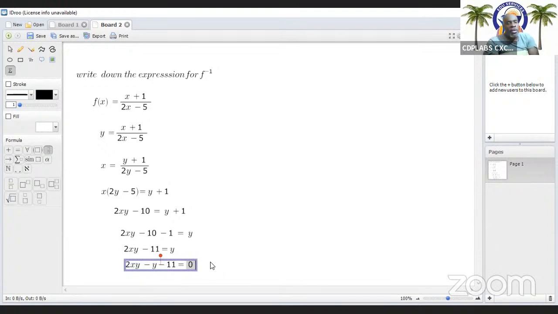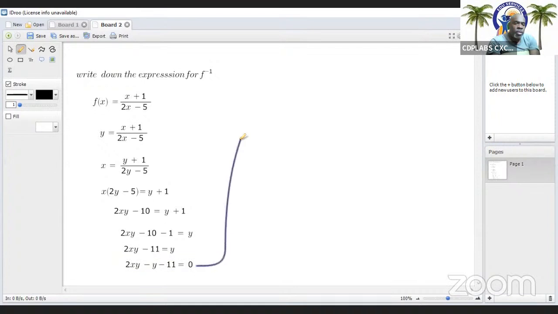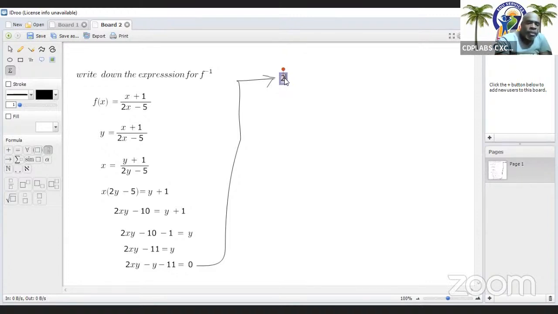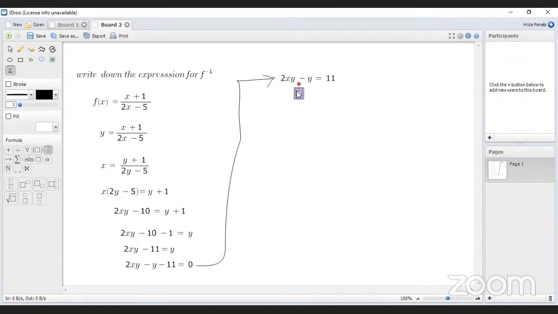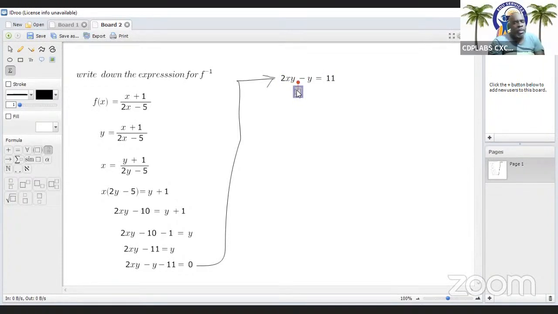If we carry over the 11, you will end up with 2xy minus y equal to positive 11. What did you say the answer was a while ago? 11 over 2x minus 1. Okay, yes, that's correct.